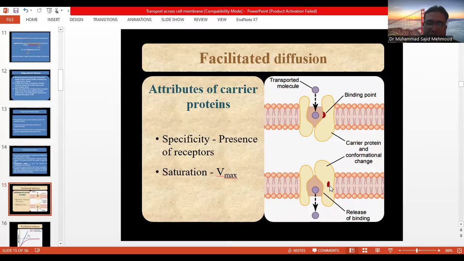After that maximum binding, further transport cannot take place, because there will be no more binding of the molecules to be transported with the receptor protein. And there is a time which takes place from binding to release. Hence, after a maximum level of transport, further transport cannot take place in case of facilitated diffusion.